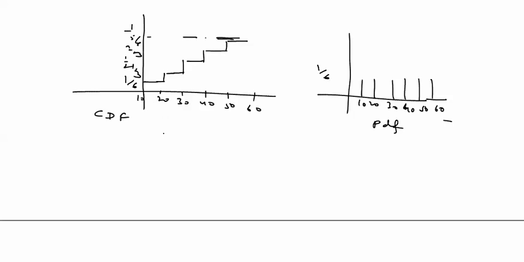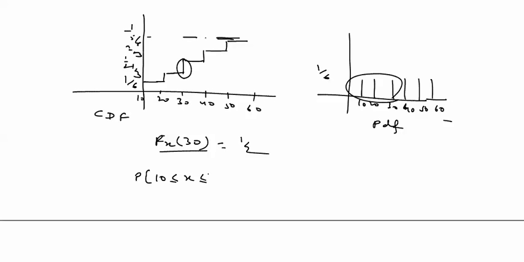If we want to calculate F_X(30), it means we are calculating the value at this point, which is directly 1/2, or add these three values. If we want to calculate the probability X ≤ 30, all three sample values 10, 20 and 30 are included, so it is also 1/2.